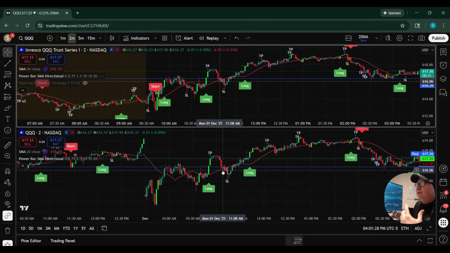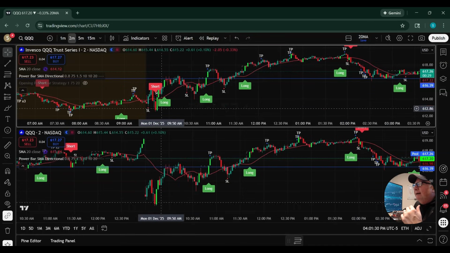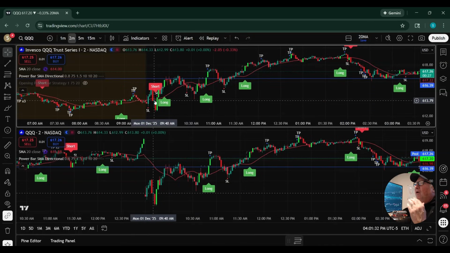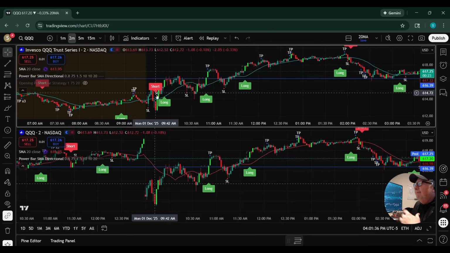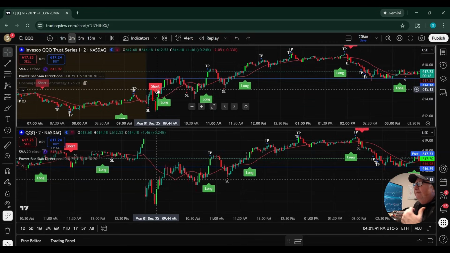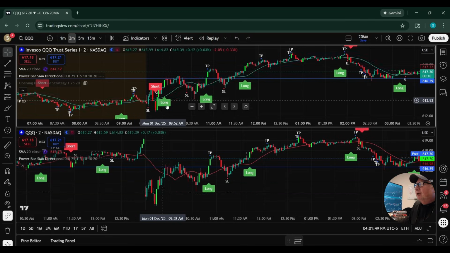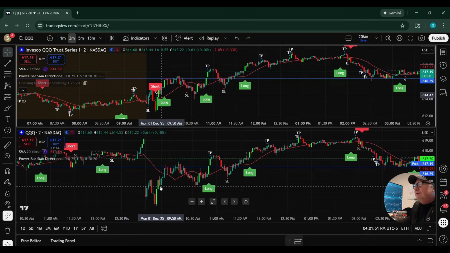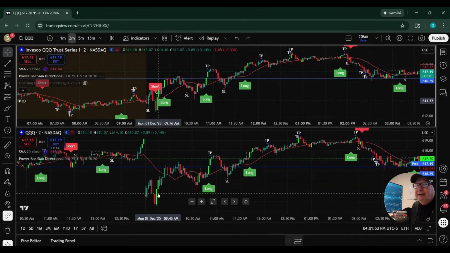So a lot of good trades, but these 2 trades, if you took them on the pre-market or extended hours chart, may have messed up your day. And personally, again, they're not trades that I would take. They're not power bar trades that I would take, because on the regular trading hours chart, they're not good setups.